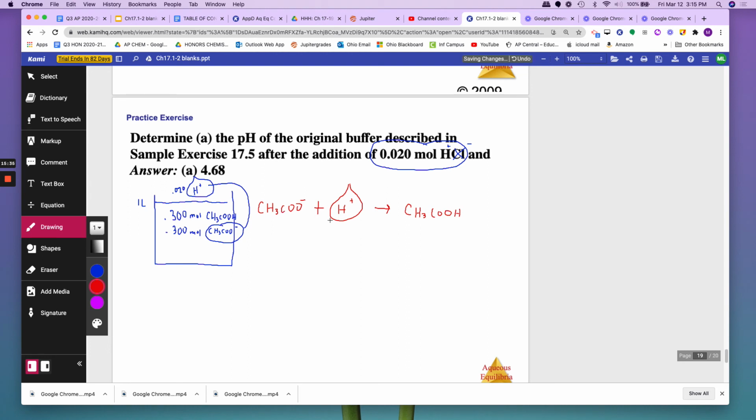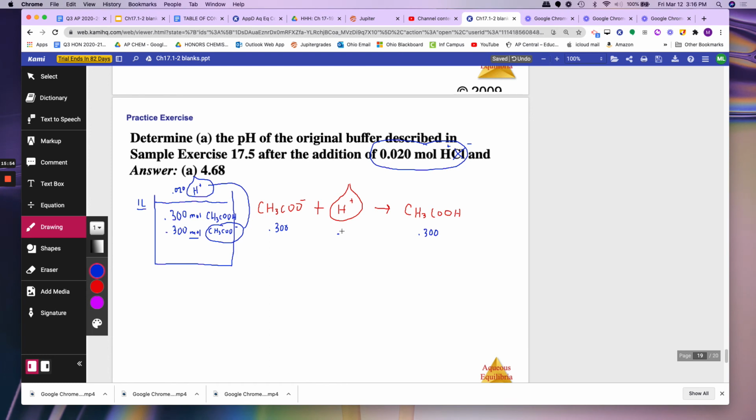In the beginning, you have 0.300 of this, and that's molarity, moles over liters, over 1 liter. Over here, you also have 0.300 molarity. But now you're adding 0.02 of this.